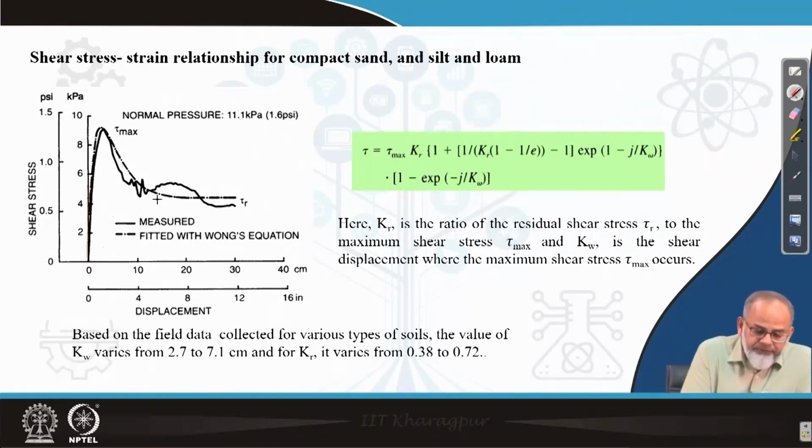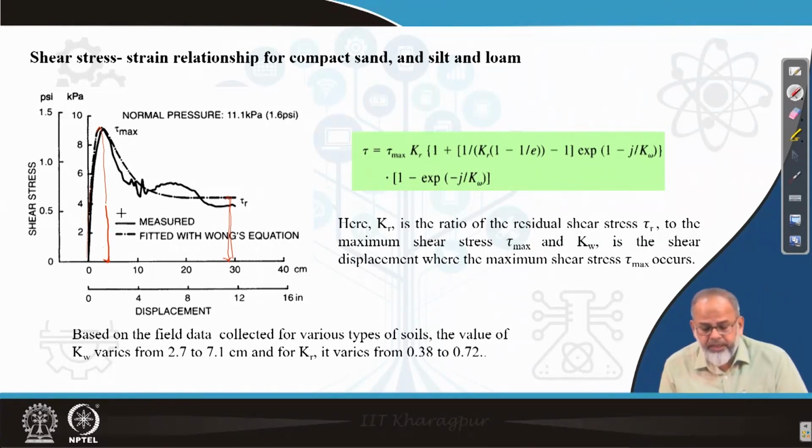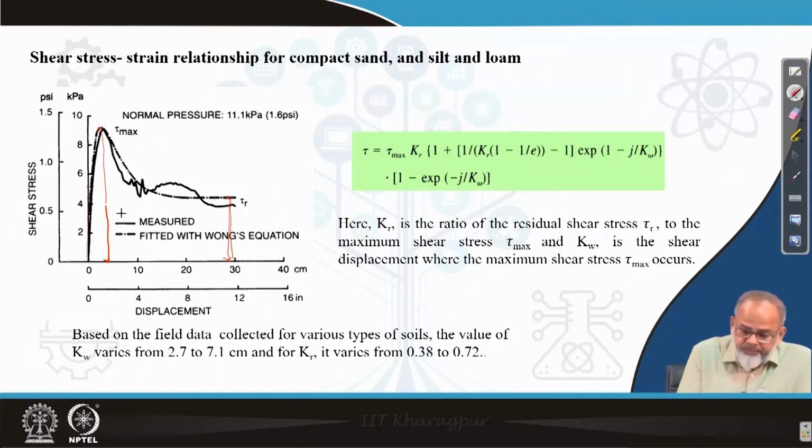If you look at the figure, the residual stress corresponds to this one. That means after the curve has become almost constant, that stress is called the residual stress, and the maximum stress corresponds to this peak value. So the ratio of this residual stress to maximum stress tau max is denoted as Kr, and kw is the shear displacement where the maximum shear stress occurs, that means this value.